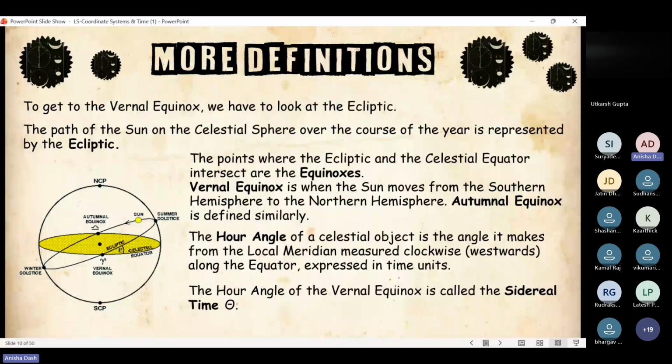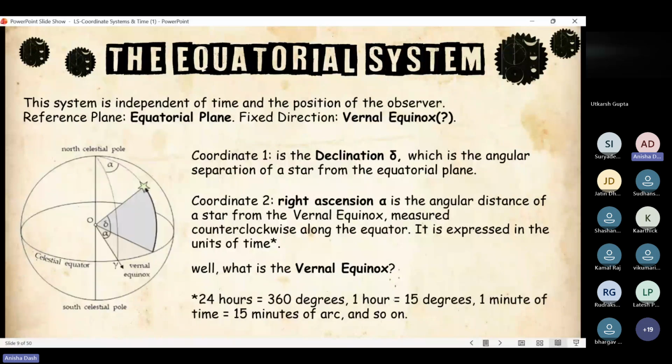So this is the reference direction. Our coordinates for this system are the declination, which is the angular distance of the star from the equatorial plane, and the right ascension, which is the angular distance of the star from the vernal equinox. More specifically, it's measured anti-clockwise along the equator.